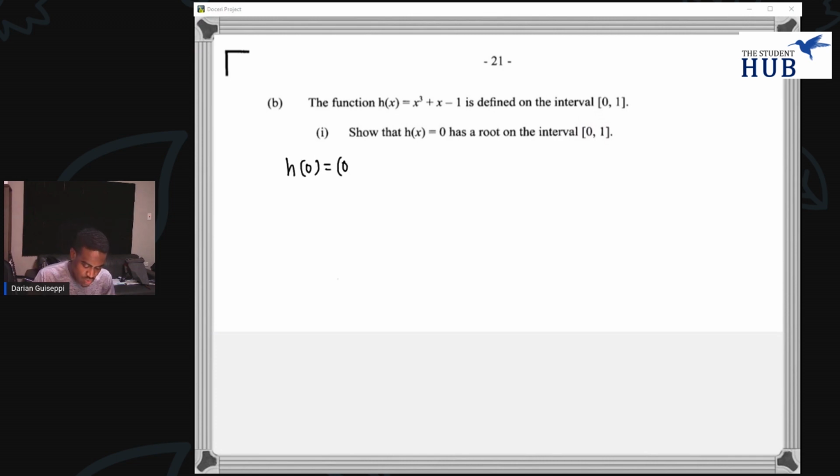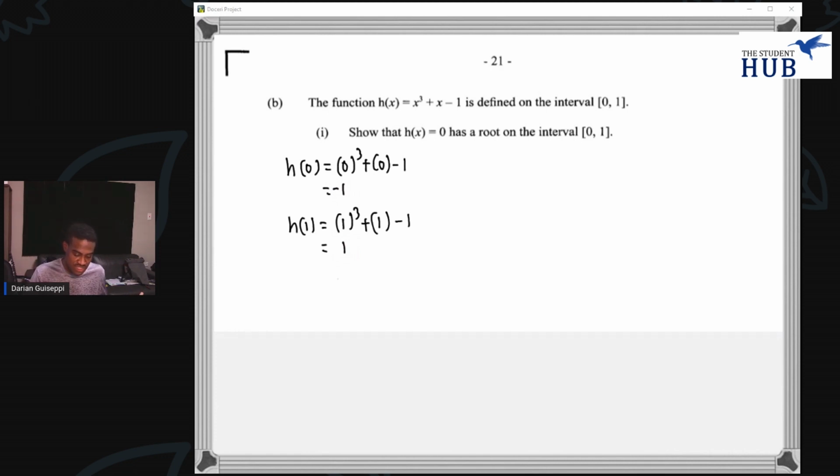So we find h of 0. We get -1. Clearly, you can see that. Then h of 1, you get 1. Clearly, we've seen a sign change, so things are looking really good. Once we see a sign change, we know that a root lies within this interval 0, 1 for the function in question.